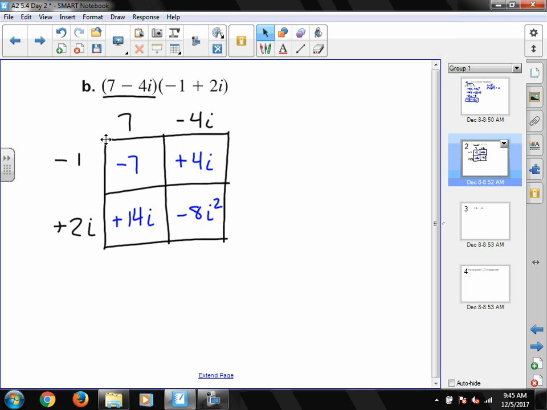And now we just collect like terms. The like terms here are going to be 14i and 4i. So I end up with negative 7 plus 4i plus 14i, which is going to give me 18i, and I've got a negative 8i squared.